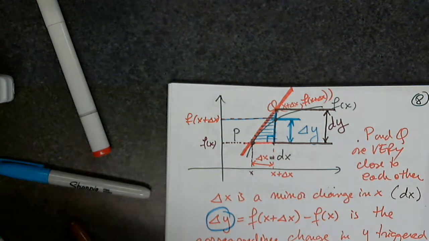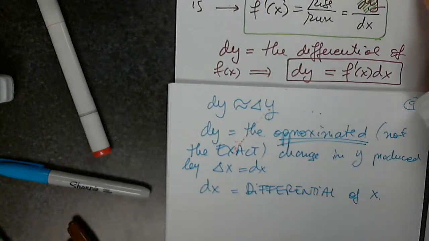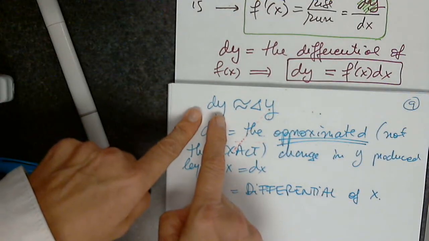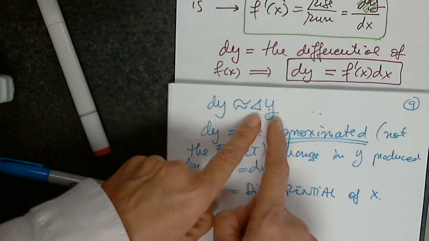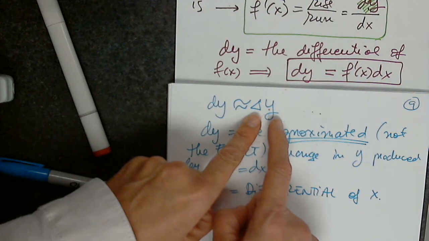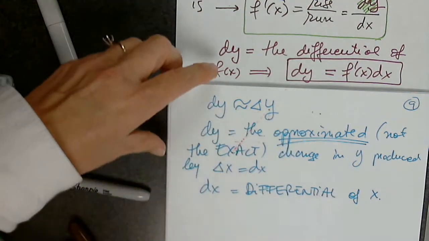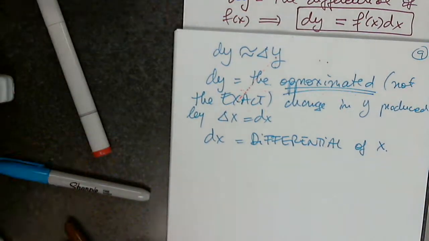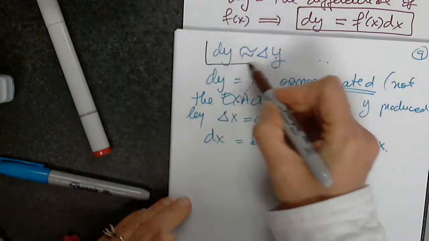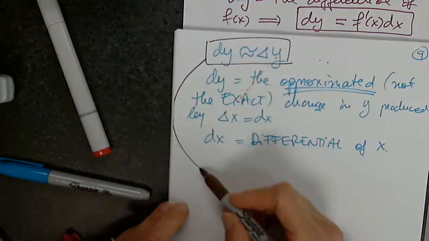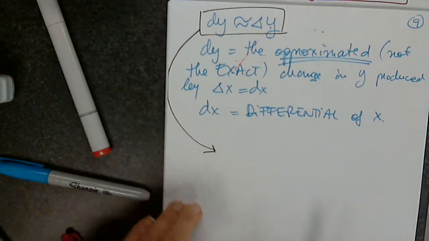No. They will not. That's why we wrote that the differential of y is approximately delta y. They're very, very close. So now from here, a very important result will follow. Very important result. So bear with me.